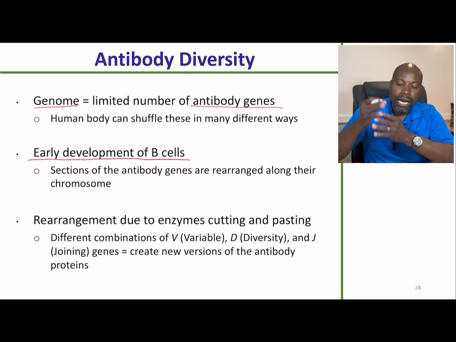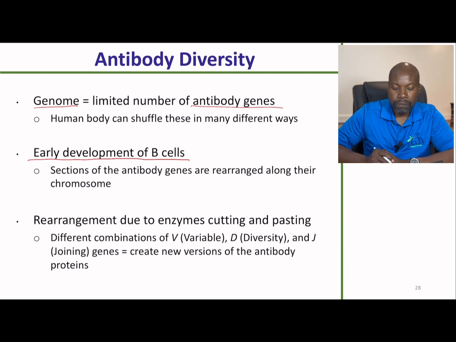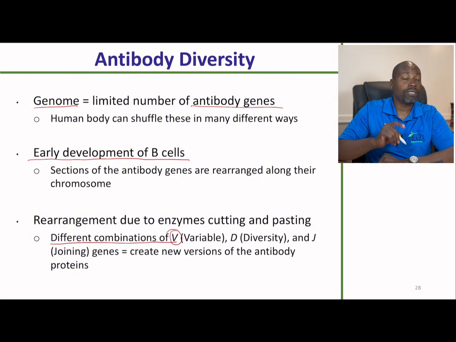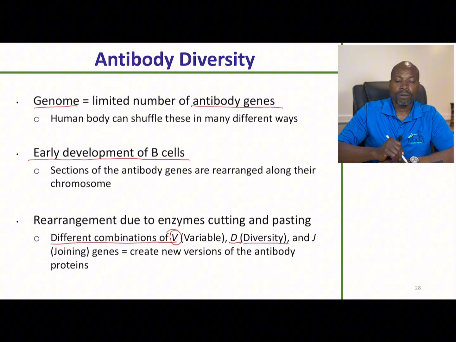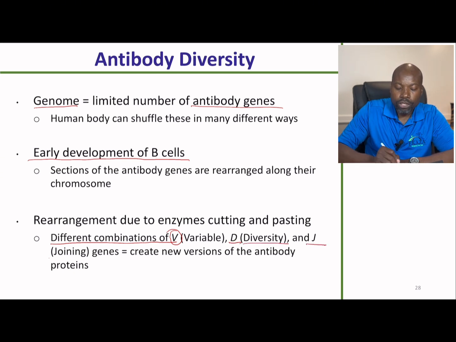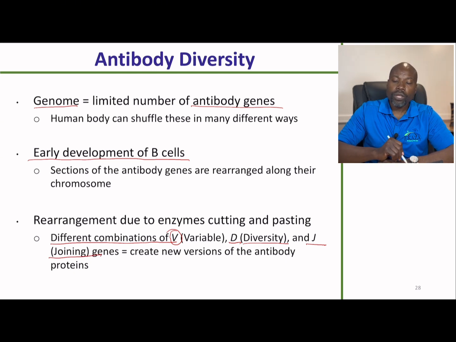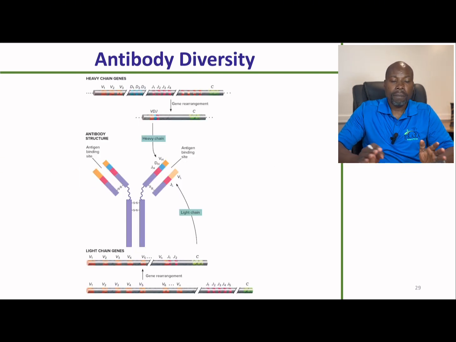And as they are rearranged, this is going to determine the different types of antibodies that are going to be produced. So we have different combinations of the V, which is the variable region, and D, the diversity region, and J, the joining region, so that you have combinations between V, D, and J that is going to cause antibodies to be different from one another.